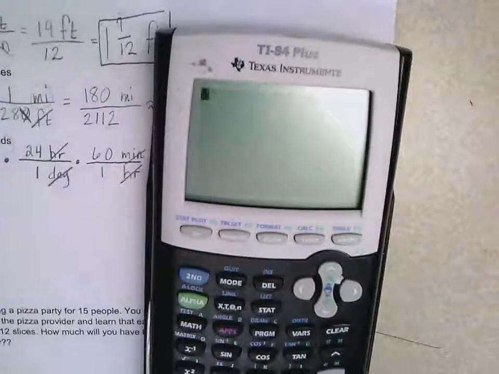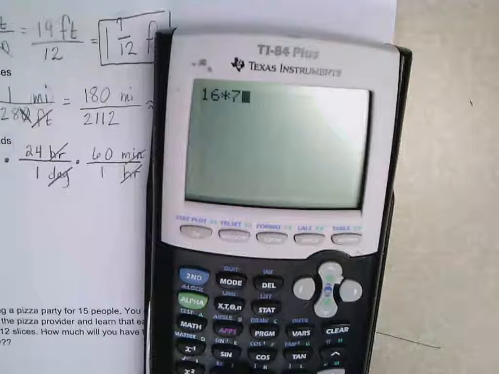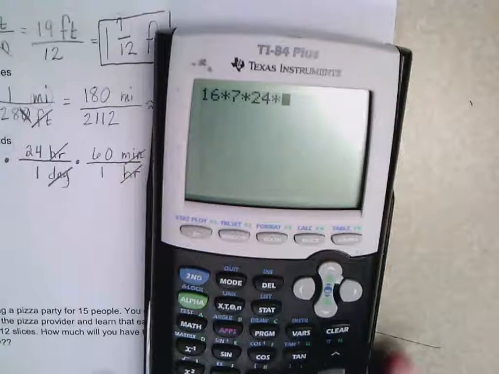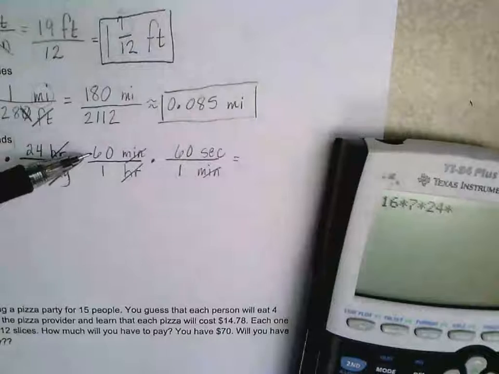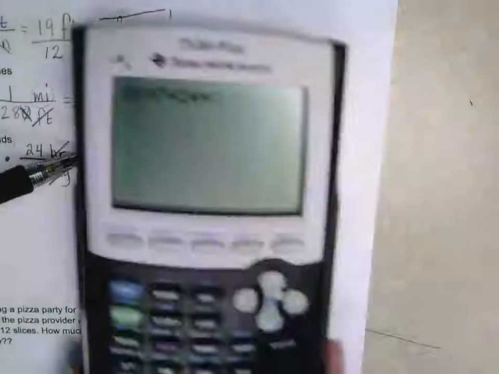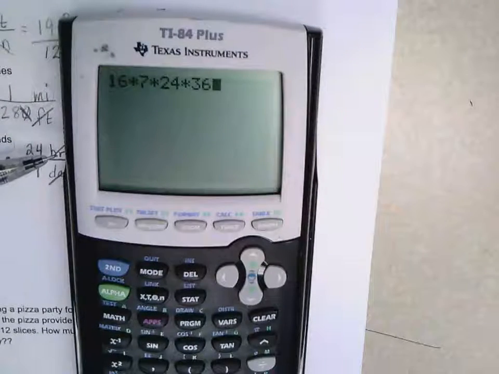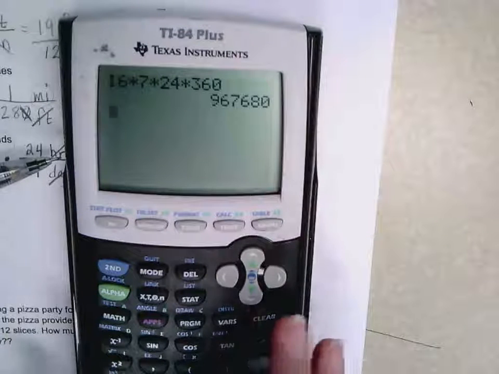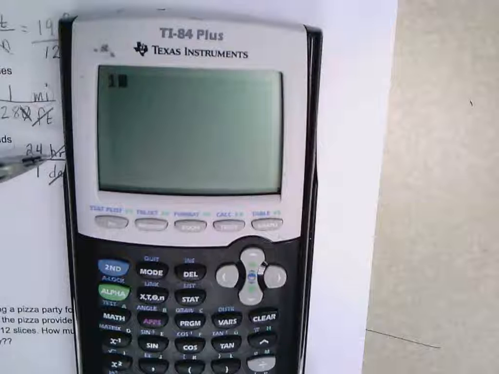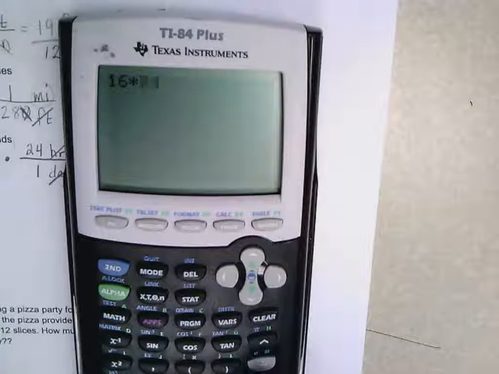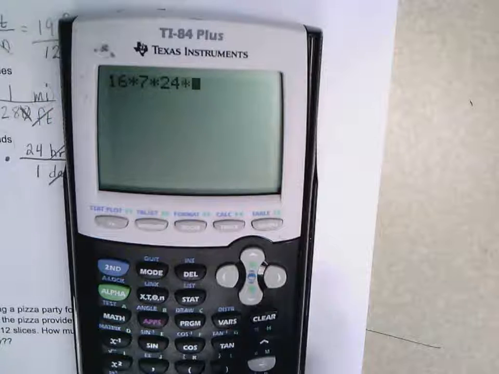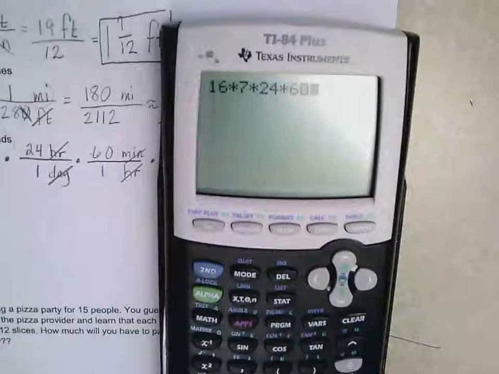Oops, not that large, I made a mistake. 16 times 7 times 24 times, I know that 6 times 6 is 36, so that's going to be 3,600. I didn't key in 3,600 times 7 times 24 times, I'll just do 60 times 60.